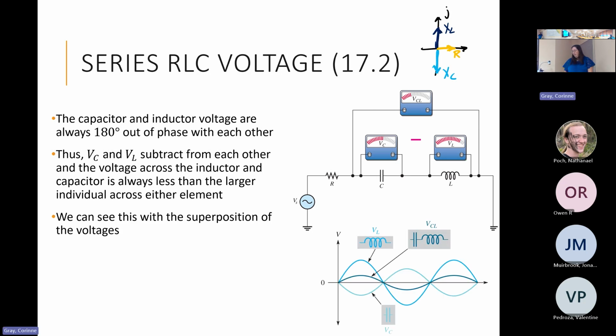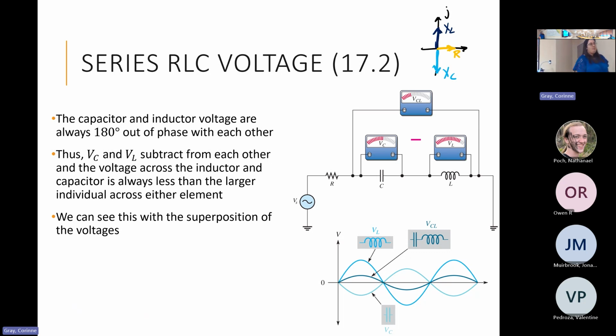You can go through, and if you were to plot out the voltages for the inductor and the capacitor over time via superposition. So you can do superposition outside of doing sources. Here we're superimposing our waves, basically just adding those waves together.